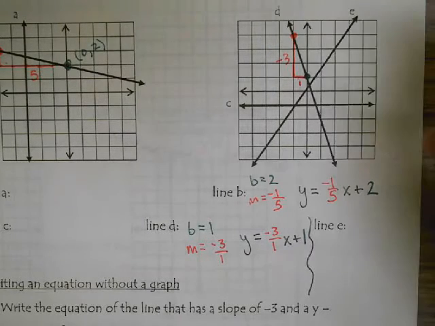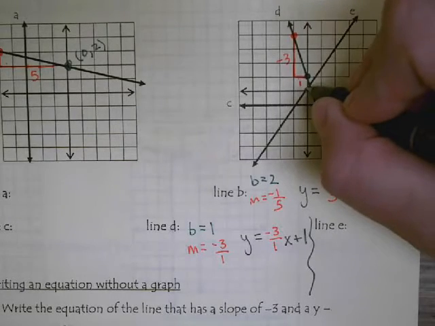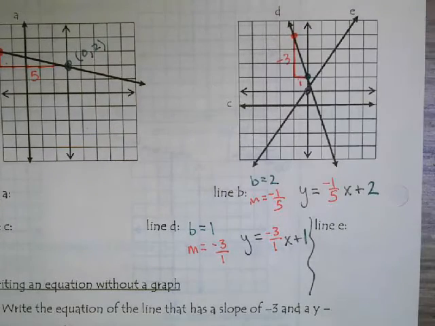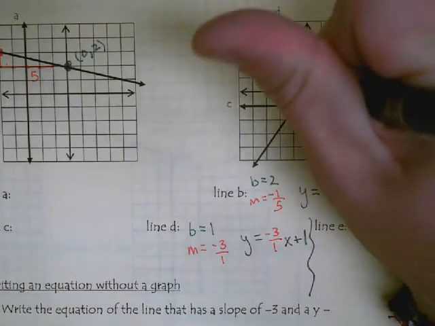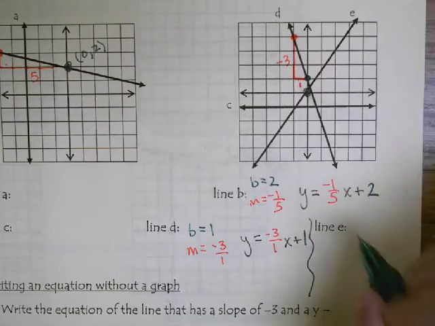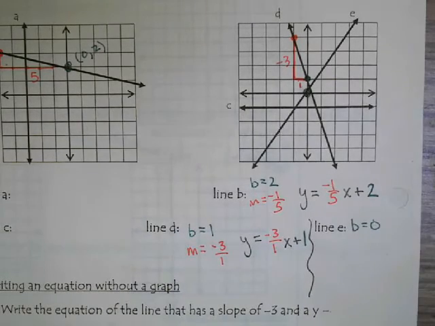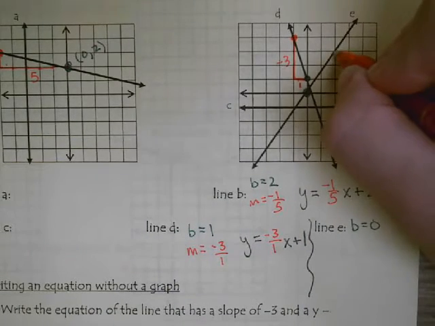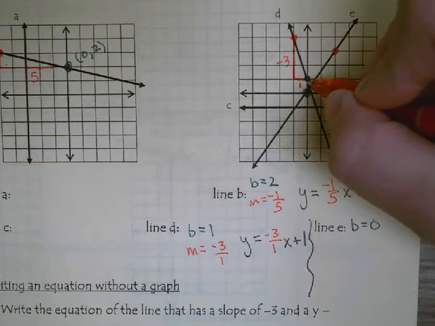Okay, so if you took the chance to try this on your own, it looks like this point is right at the origin. So I'm going to say that my y-intercept is 0. So we'll say b equals 0. And then if we find another point, it looks like I have a point right here. So we'll go up 1, 2, 3.